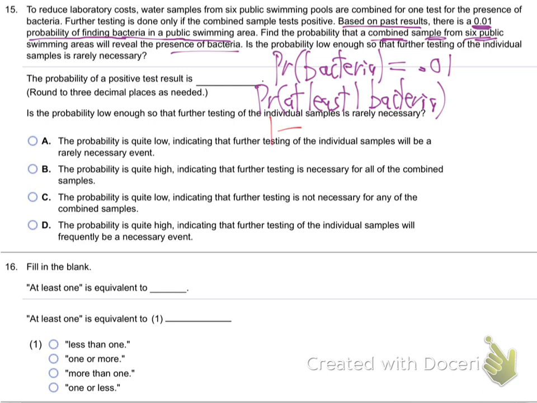Okay, so it's 1 minus not what? How do you know not what? Not whatever they're saying. Yeah, not bacteria. 1 minus not bacteria to the 6th power, because we're talking about 6 samples. It's always not whatever they're saying.